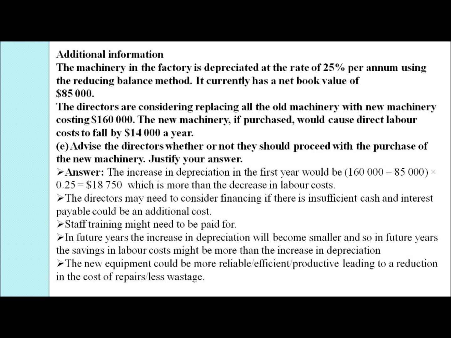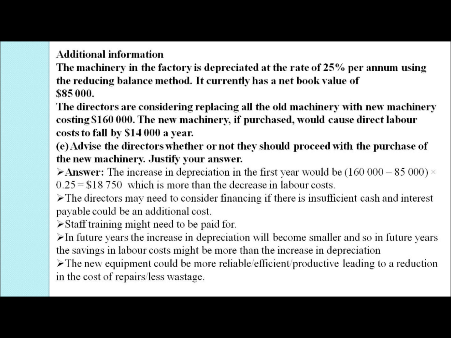On the other hand, if we like to answer saying that the directors should go with the purchase decision, then we need to state the first point along with the last 2 points given in the answer. That is, first we'll show the rate of depreciation, and then we can state that as the company is using the reducing balance method of depreciation, in future the overall value of depreciation will be reduced, and hence it may lead to saving in the labor cost.